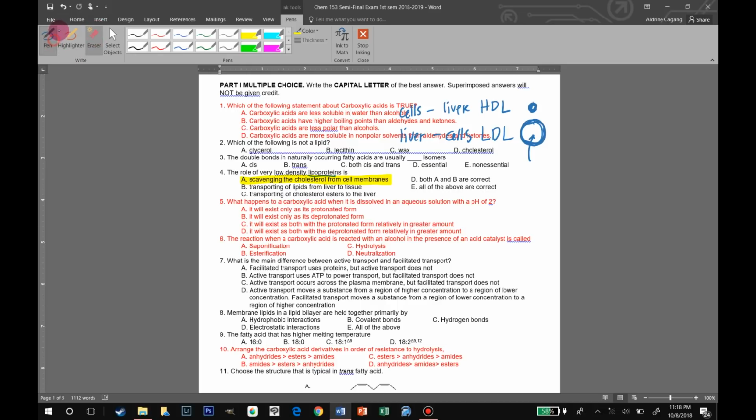You're being asked about lipoprotein. Sorry, my mistake. So the answer should be transporting cholesterol esters from liver to your cells or tissue.